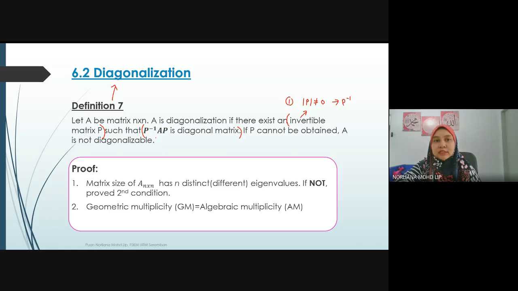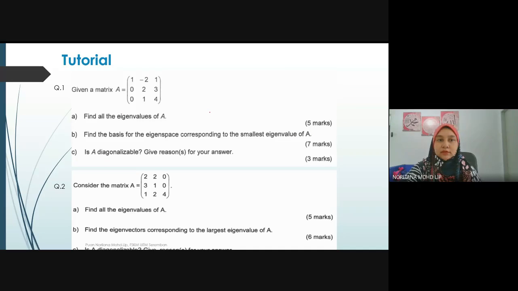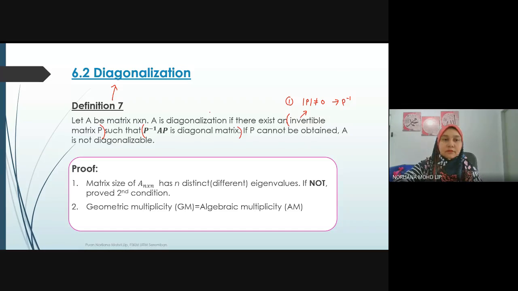We can find this diagonal matrix P inverse times AP. If determinant of P is equal to 0, so automatically A is not diagonalizable.